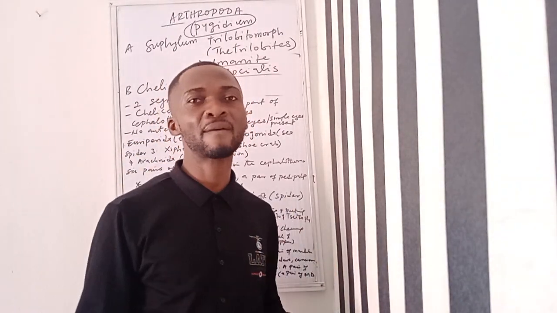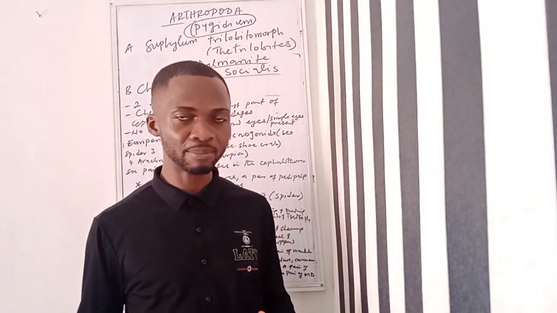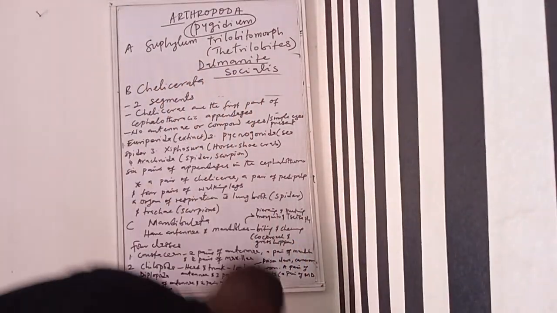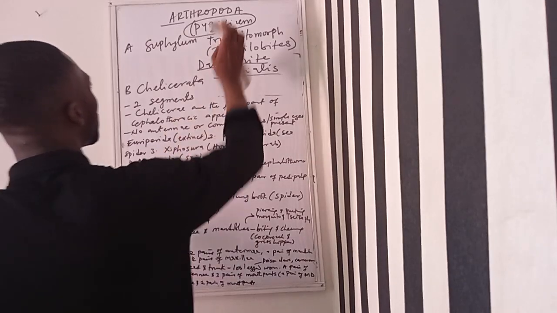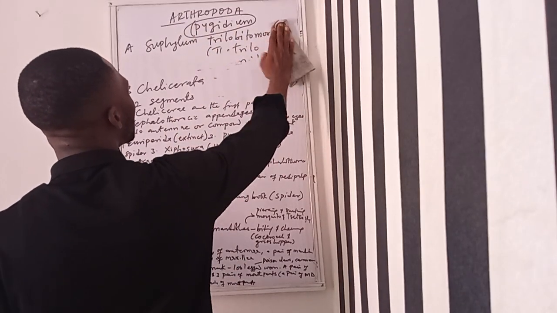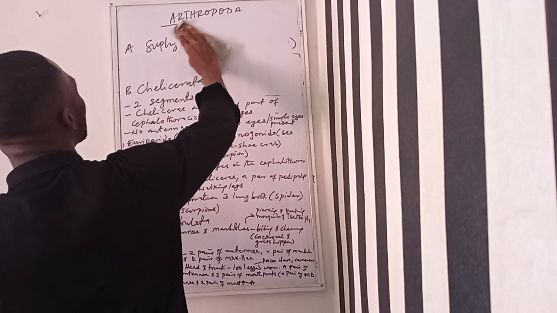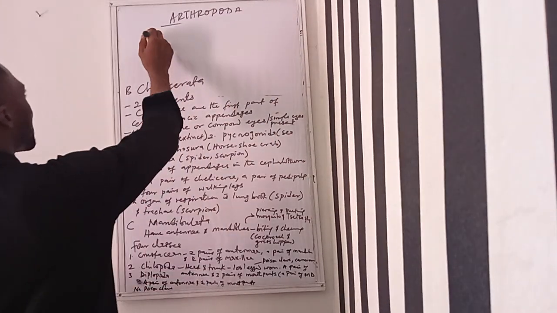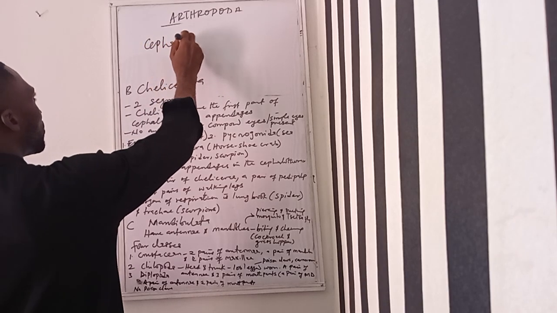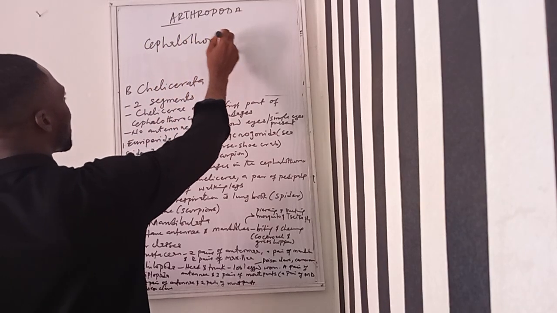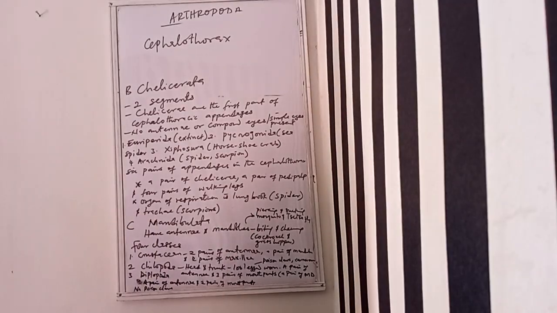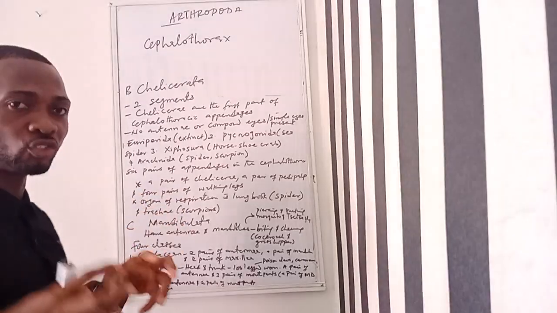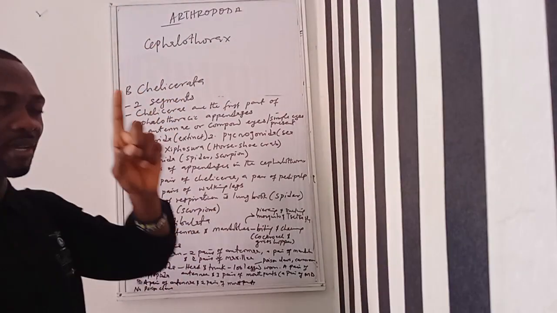Normally we should have the head, the thorax, and the abdomen. Cepha means head in biology. So cephalothorax means that the head is joined with the thorax to form a single segment.